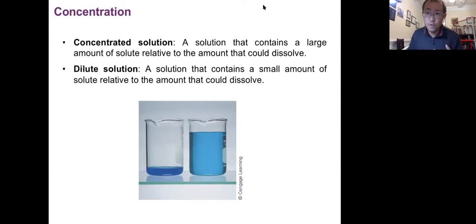Some teas are very sweet, some teas are less sweet. The very sweet tea is concentrated because there is more sugar in it. The diluted tea is less sweet because there is less sugar in it, if we're talking about sugar and sweetness. So concentration describes one thing, and you're going to use that throughout all the calculations.